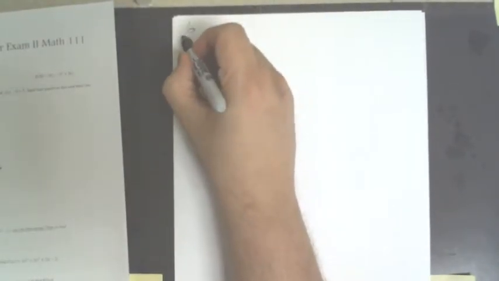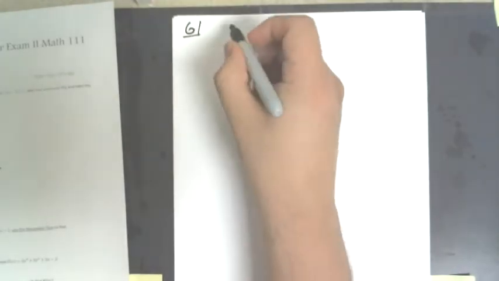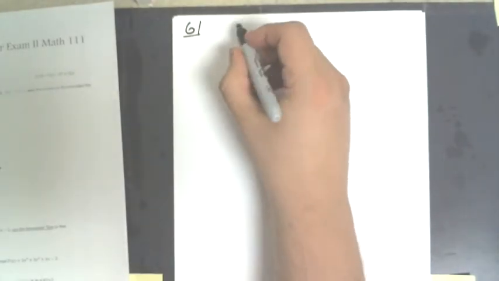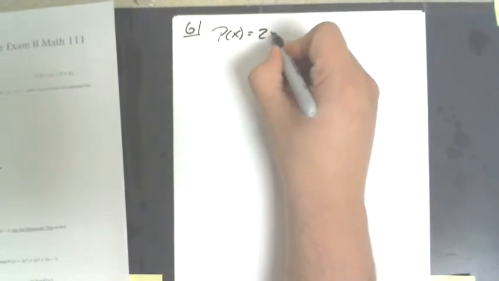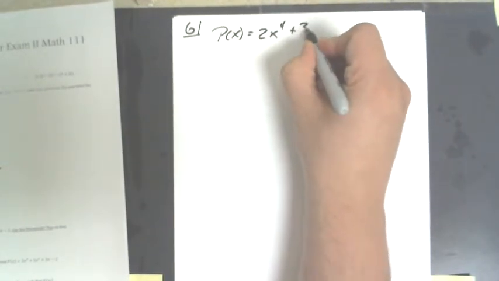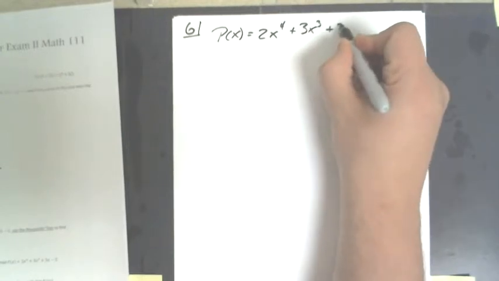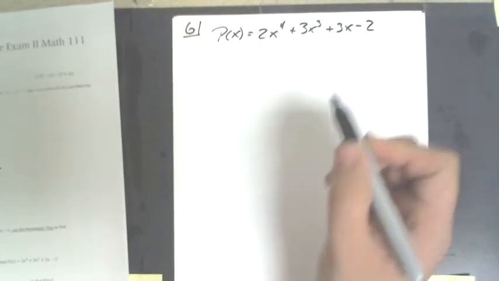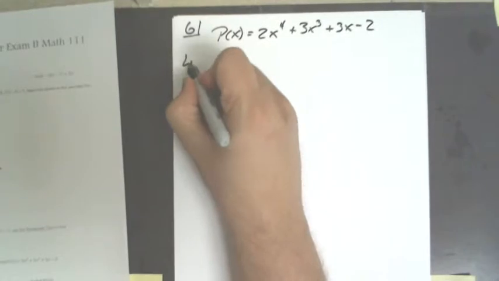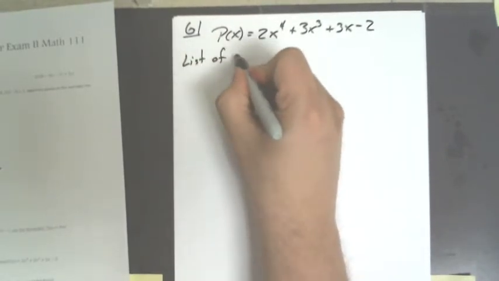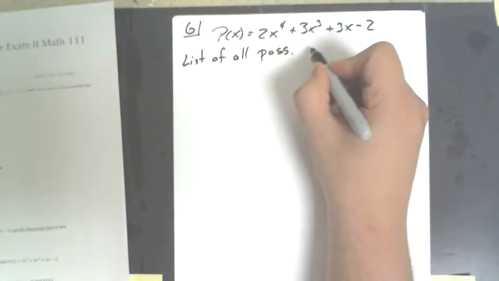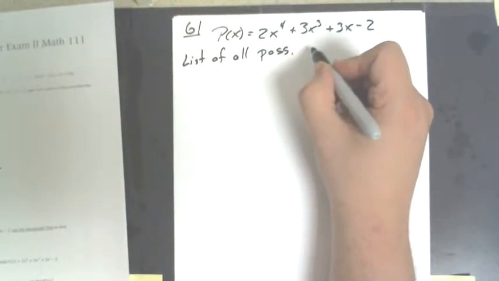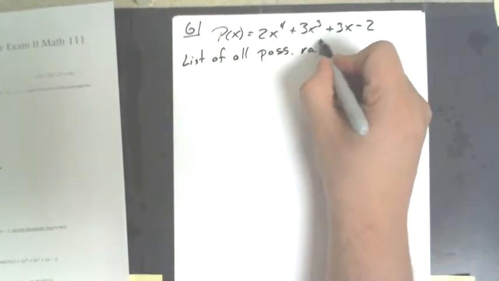Number 6, you're given a polynomial. I believe it's the same polynomial. 2x to the 4th plus 3x to the 3rd plus 3x minus 2. And you're asked to make a list of all possible rational zeros.